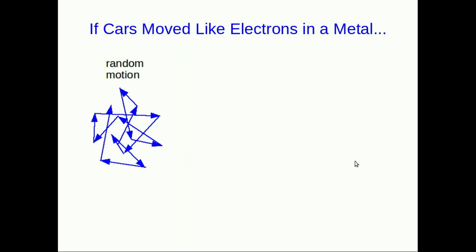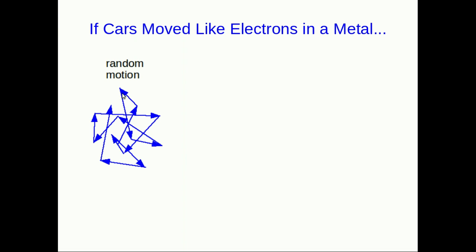It's sort of hard to get your head around the numbers involved in this, so let's think of it scaled up. Let's think about what it would be like if cars on a highway moved the way electrons in a metal do. Well, you would get in your car and you would get on the highway, and your car would be executing random motion. It would be zipping about, colliding with other cars, colliding with these barriers all over the road, and colliding with the edges of the road.